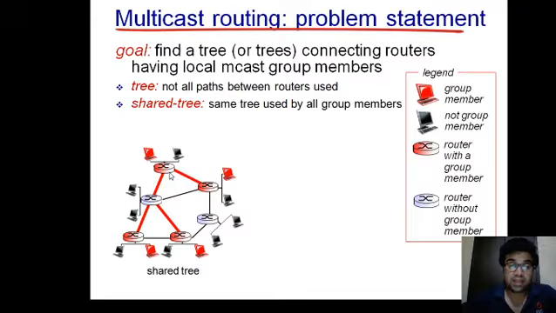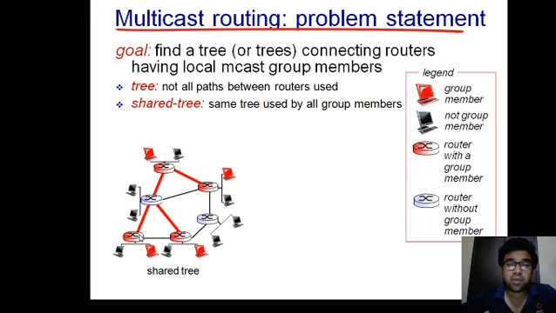In that case, these routers which have the group members must know about the group, and we need to create a tree for sharing that information.